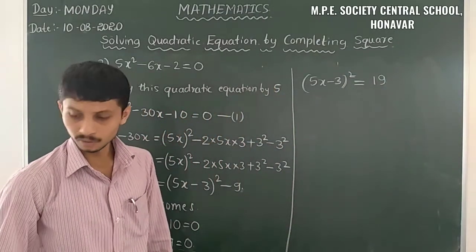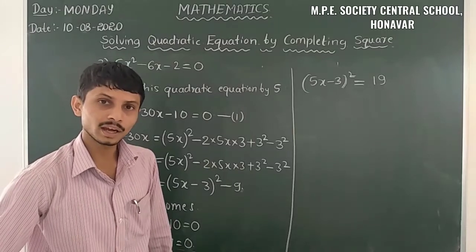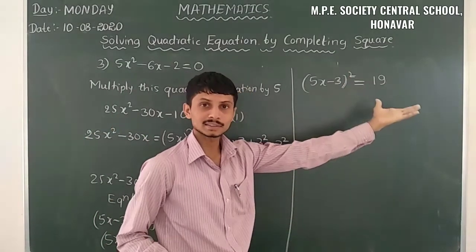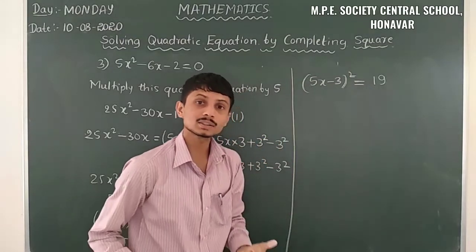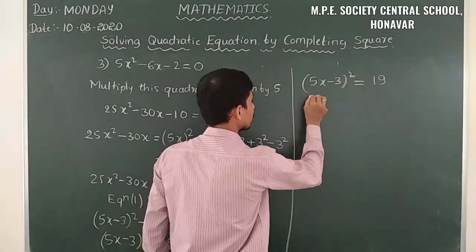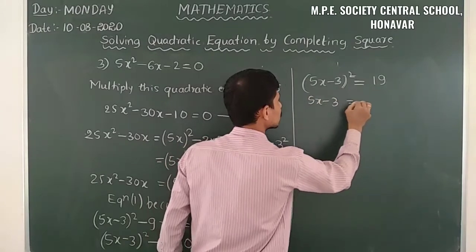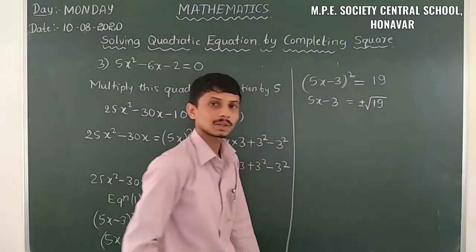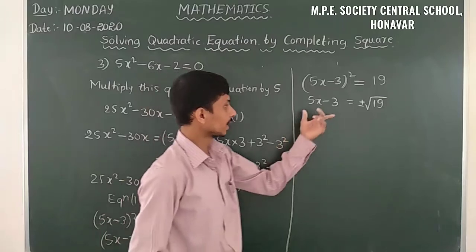Then we have to transpose this square to the RHS. It becomes square root. When we are taking the square root, we have to insert plus or minus. That is 5x minus 3 is equal to plus or minus square root of 19.